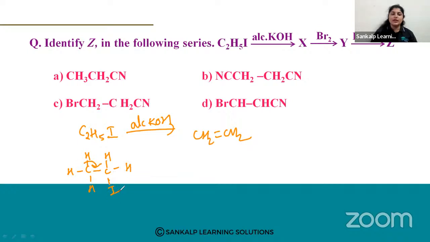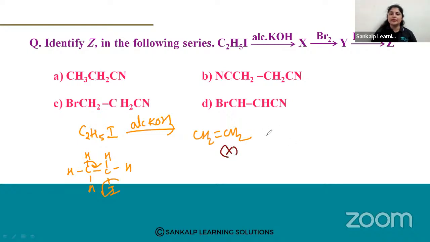This hydrogen and this iodine will leave and you will get CH2 double bond CH2. Understood? So this is the first step. I have obtained an alkene, CH2=CH2. So this is X.